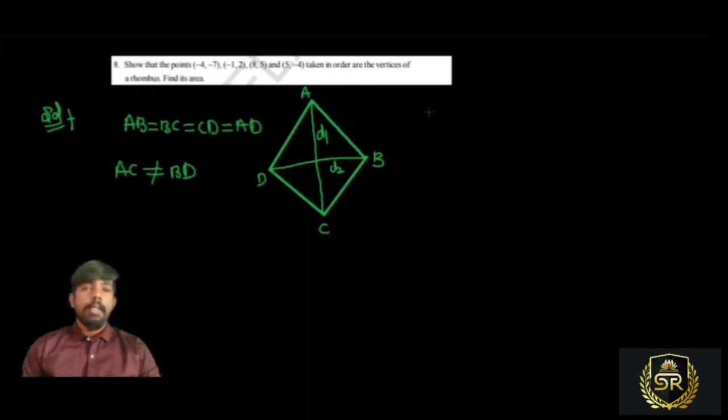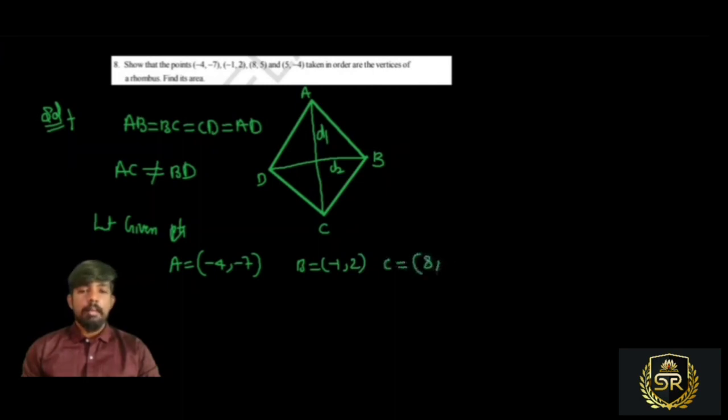Now let the given points be A equals minus 4 comma minus 7, B equals minus 1 comma 2, C equals 8 comma 5, D equals 5 comma minus 4.